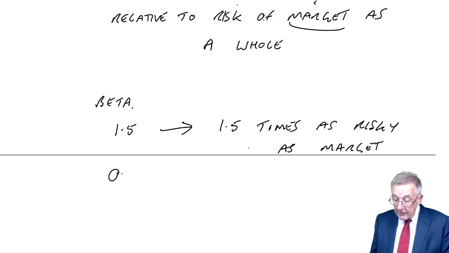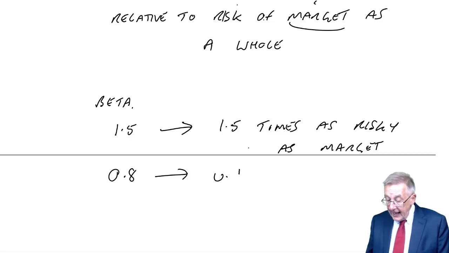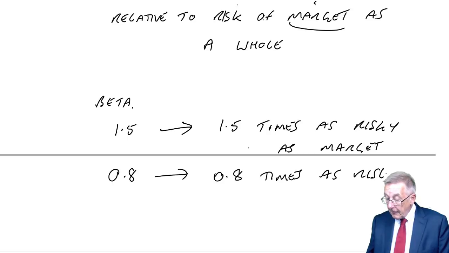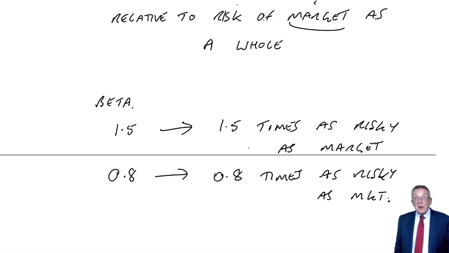On the other hand, if you had a beta of 0.8, it would simply mean it was 0.8 or 80% times as risky as the market as a whole. And so on. It's terribly simplistic. As I say, we're not worried about calculating these betas.